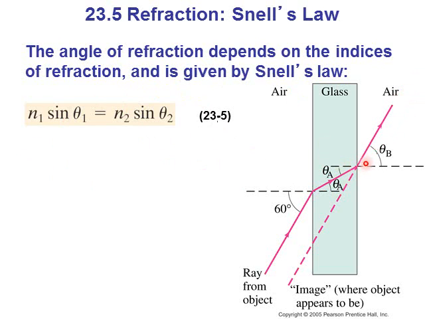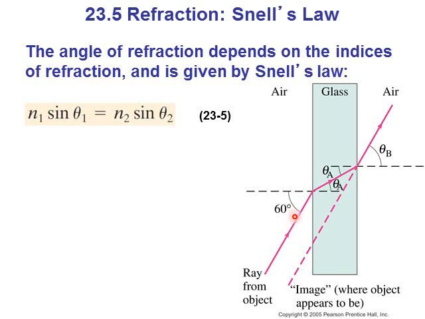It's going to bend to n of, say, glass sine theta of glass, okay? And then when it goes back out, it's going to bend away from the normal back into the air, and it's going to end up being parallel.